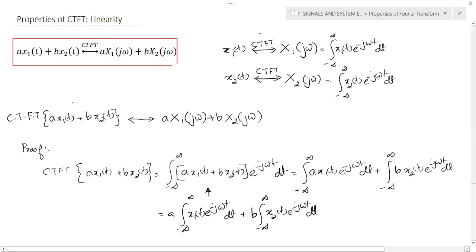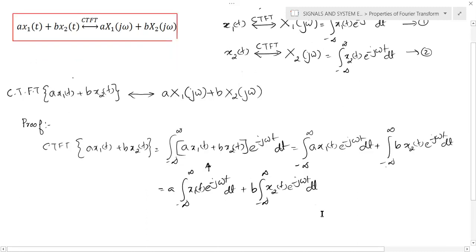Now if you compare, this is the first equation and this is the second one. Instead of this integral equation, I can substitute X1 of j omega, because this is the expression for finding the Fourier transform. So by applying the result of equation 1, it becomes X1 of j omega.